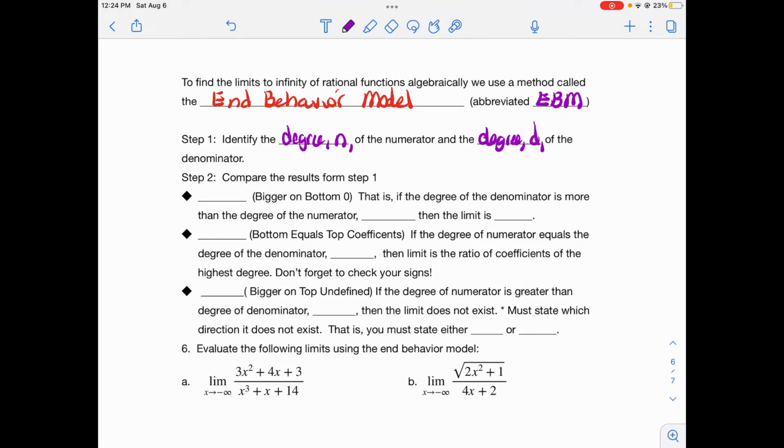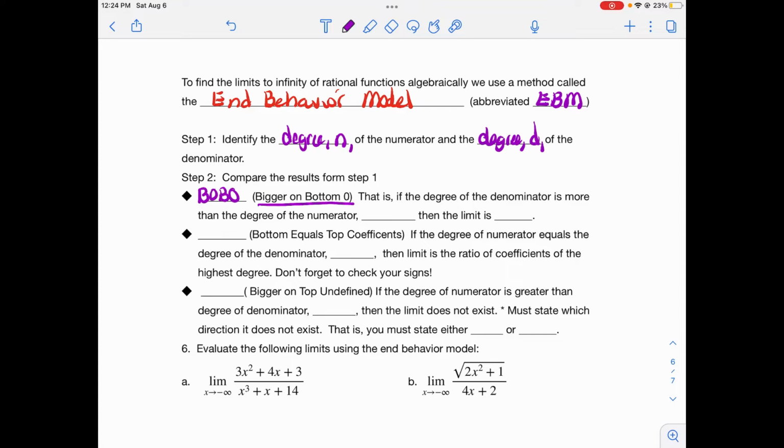The highest power of the numerator is the degree of the numerator, and the highest power of the denominator is the degree of the denominator. Now, looking at n and d, you have the method BOBO: bigger on bottom, zero.